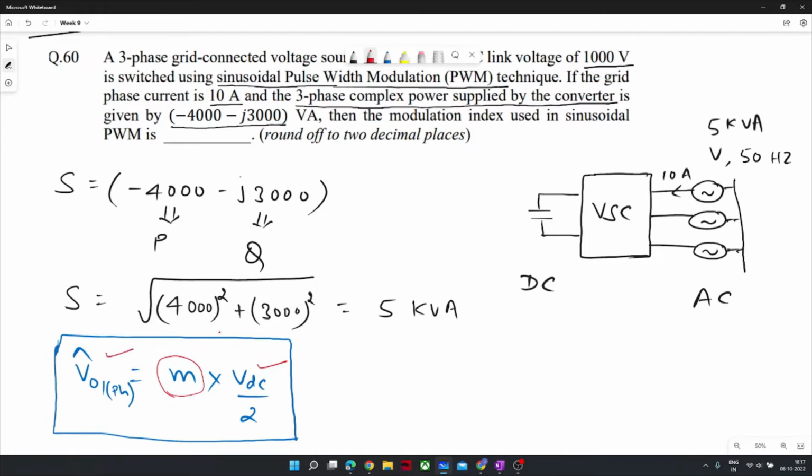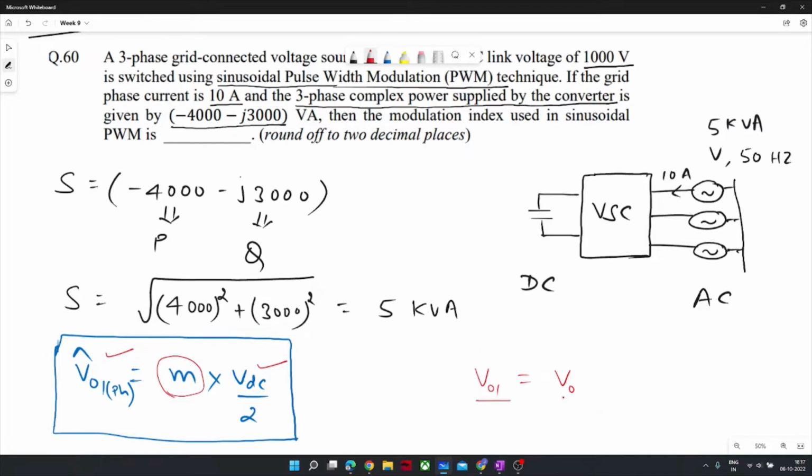And V naught 1 will be equal to V naught. Why? Can anybody tell me why this fundamental component is equal to the output RMS voltage? Why am I writing like this?